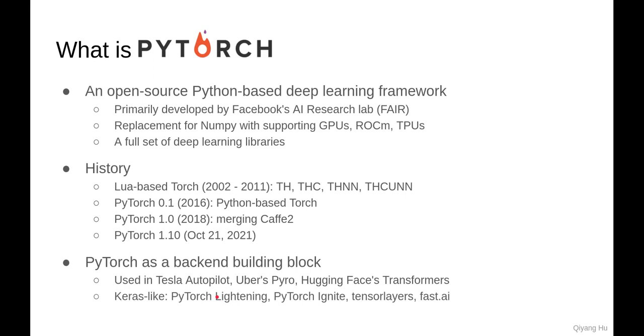Also, people have developed a lot of higher-level wrappers for PyTorch that make PyTorch usage look more like Keras, for example PyTorch Lightning, PyTorch Ignite, TensorLayer, and Fast.ai. Those are what we can think of as higher-level PyTorch interfaces.